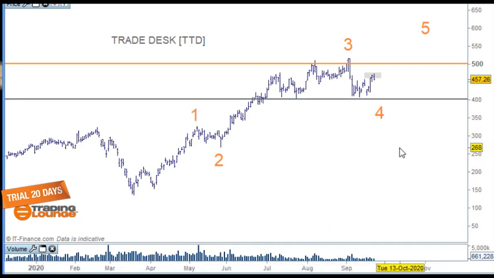So we can see that, with trends, markets are just trends and corrections of different degrees. Each trend has a beginning, a middle, and an end. Obviously this is the beginning here, this is the middle here, and we're coming into the ending process here. Also, things grow in size.